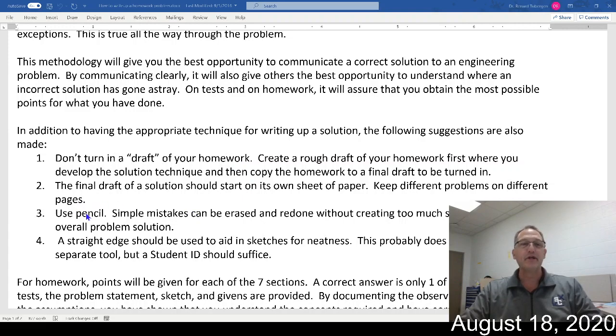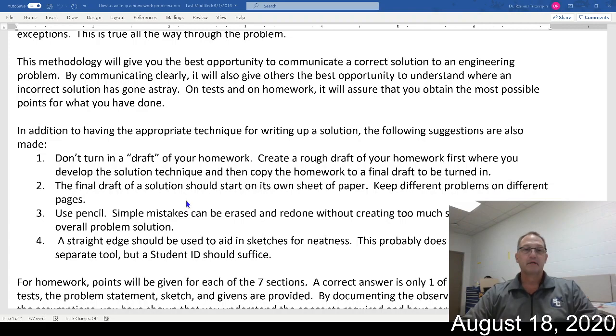You will hear it in the videos. Use a pencil. Simple mistakes can be erased and redone without creating a lot of sloppiness. I'm doing the homework solutions this semester in pen, but that's because you really can't see gray pencil on a white background very well. I don't have the lighting and the tools for that to go very well.